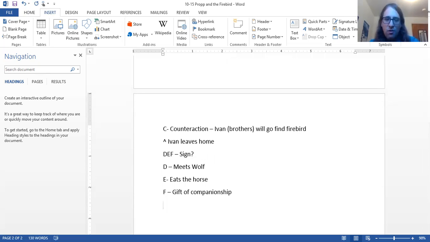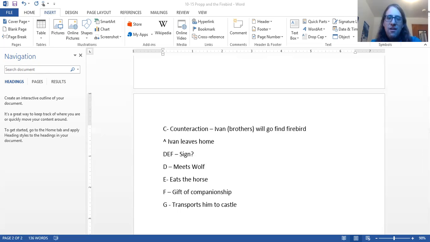The wolf transports him to the castle of the first Tsar, which is Tsar Afron. And transportation is Propp's letter G. So I think that makes a lot of sense. And that's something a donor or a helper can do.